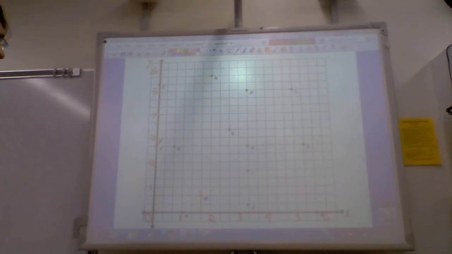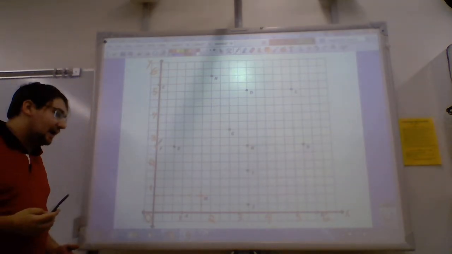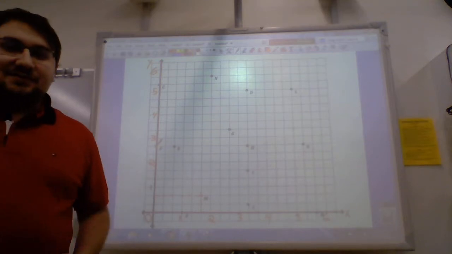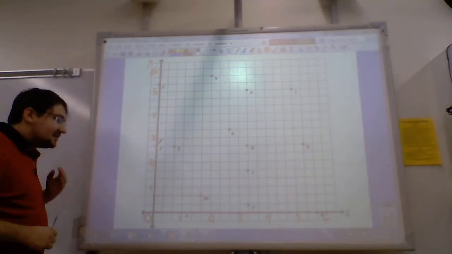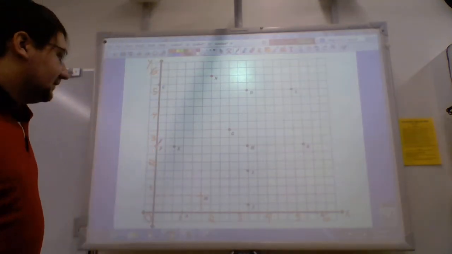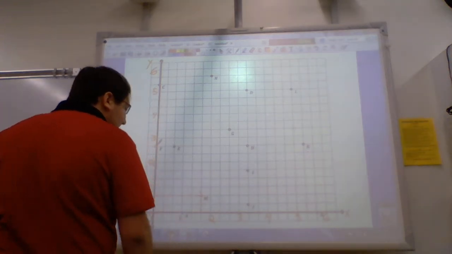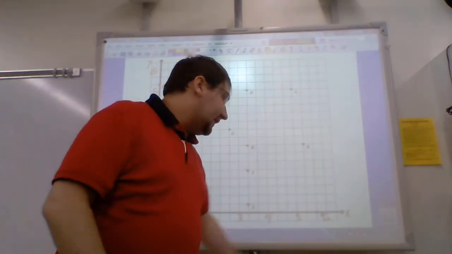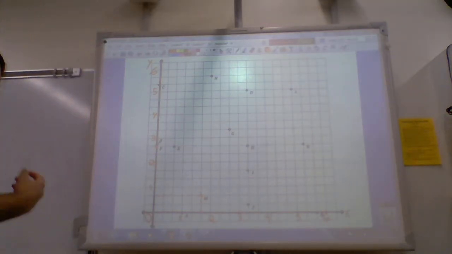Next on G, it's asking us to find out what is at 1, 0. Well, seeing as we have a y-coordinate of 0, it has to be something that's on our x-axis. So, once again, there's two choices. It could either be A or it could be B. Well, let's look at our x-coordinate.